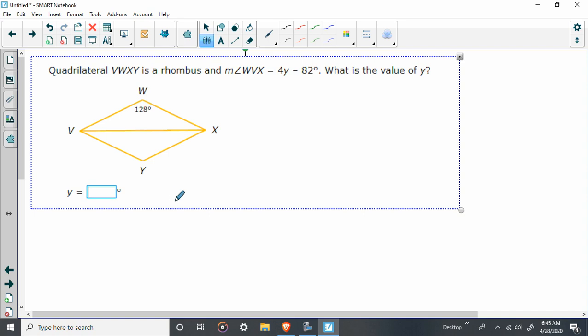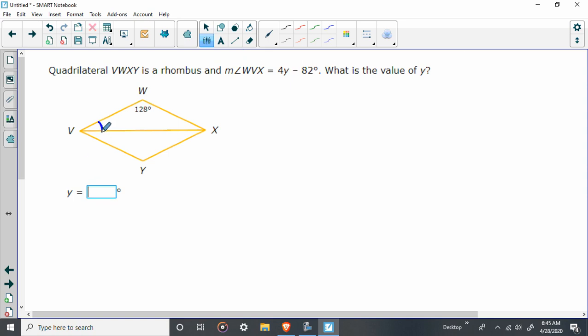Okay. They want to know angle WVX. I don't like this question because they use Y and also Y, but that's okay. WVX is going to equal 4Y minus 82. A little bit trickier this time, but one of the things you do have to remember is that this is an isosceles triangle.